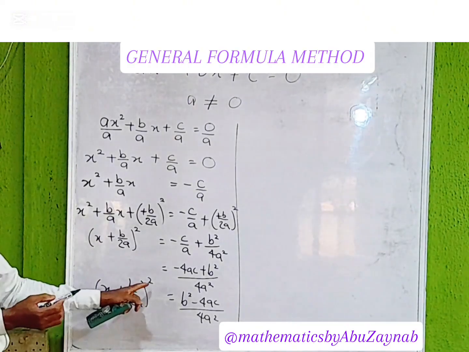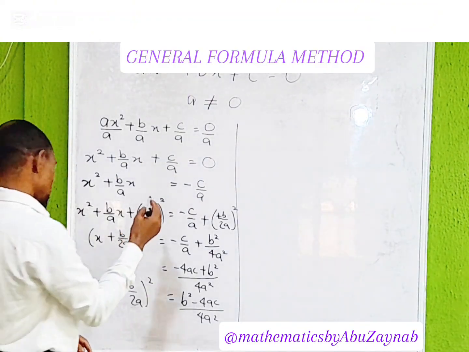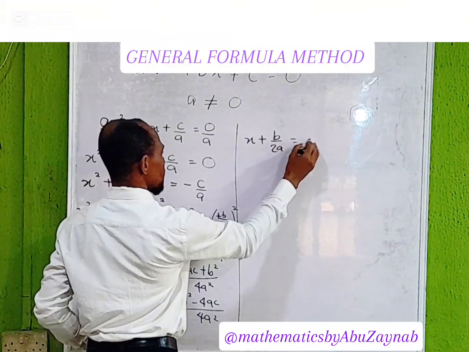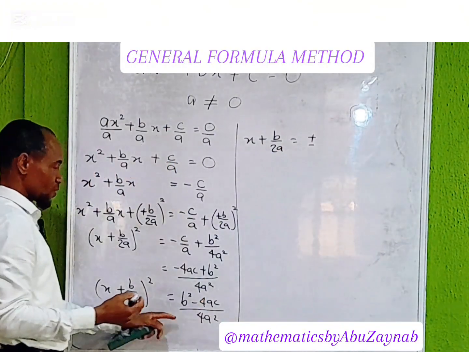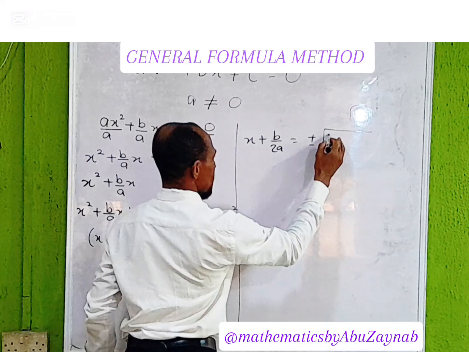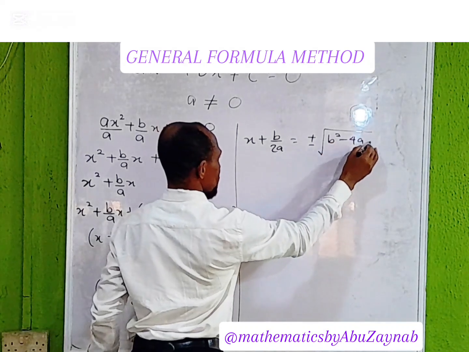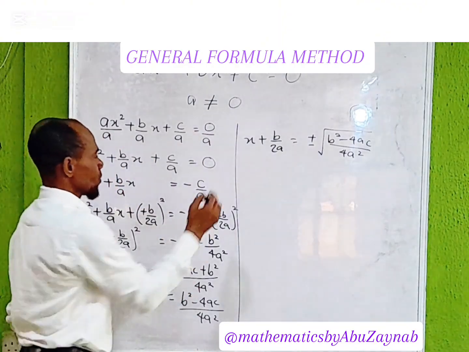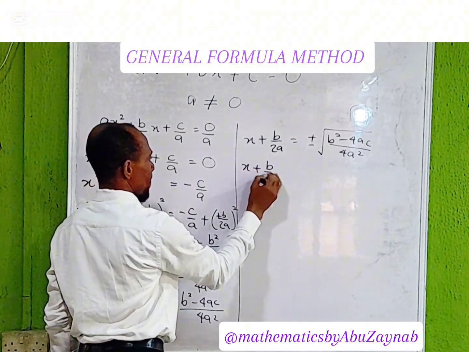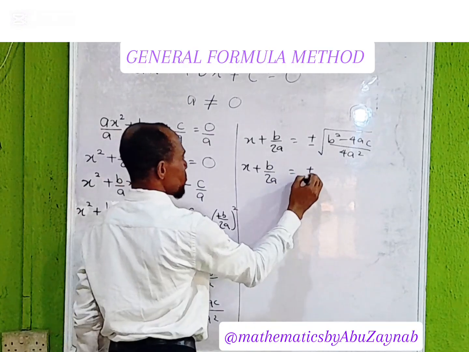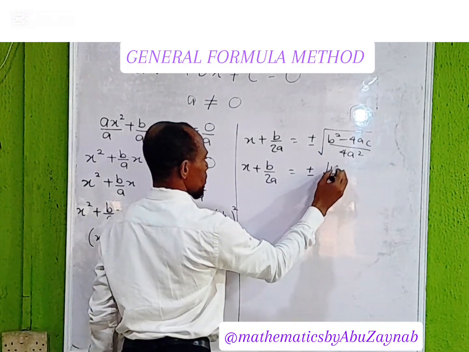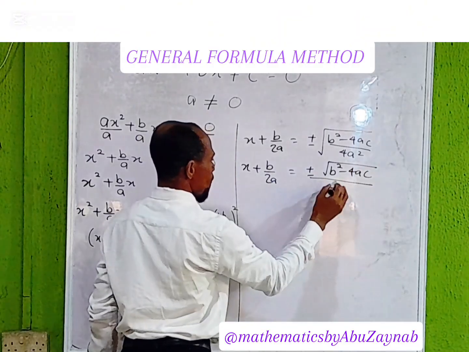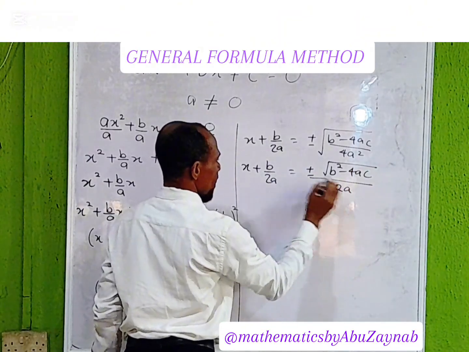Remember, the next thing is to take the square root of both sides. And I emphasize then that when you are taking square root of both sides, you must include plus or minus. So square root of b squared minus 4ac over 4a squared. So when the square root acts on both numerator and denominator, it reduces to root of b squared minus 4ac over 2a.